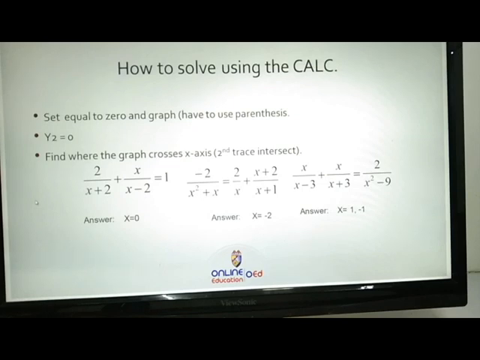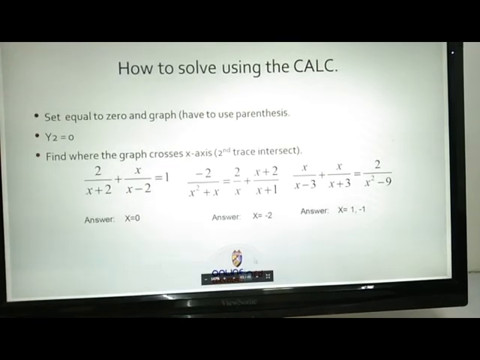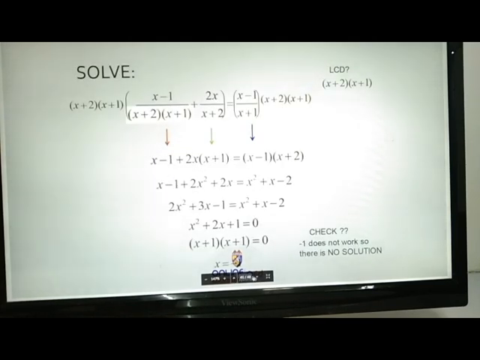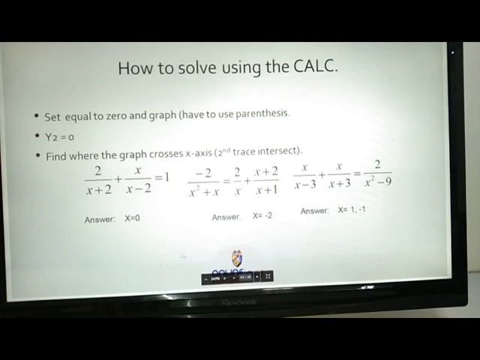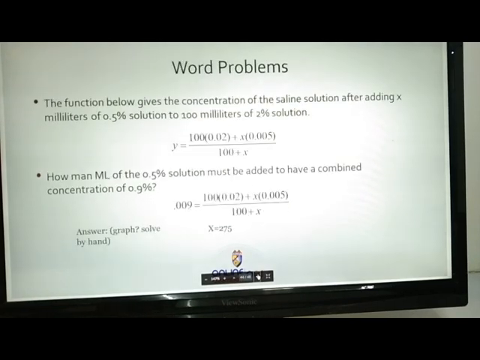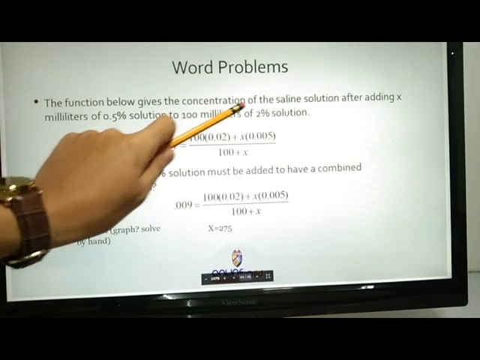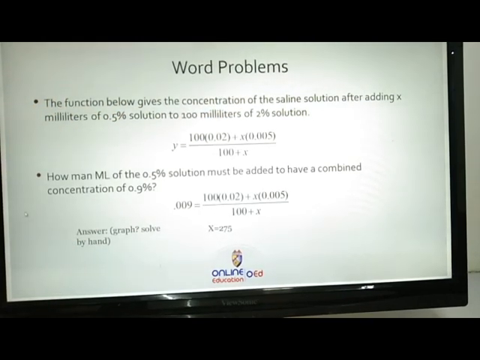So, using calculator, you can also solve mathematical or rational functions in calculator if you have your advanced calculator. And then word problem. For example, the function below gives the concentration of the saline solution after adding x milliliters of 0.5% solution to 100 milliliters of 2% solution.